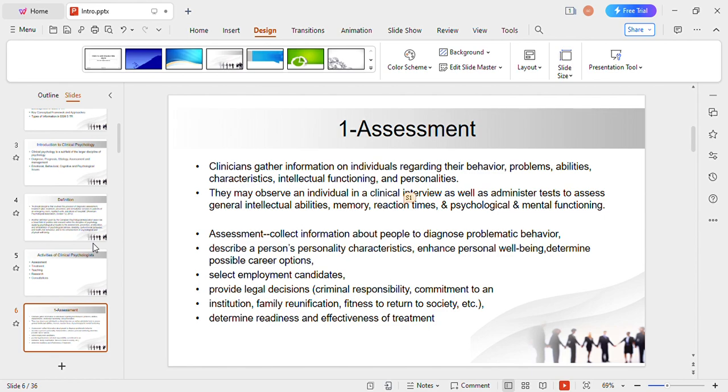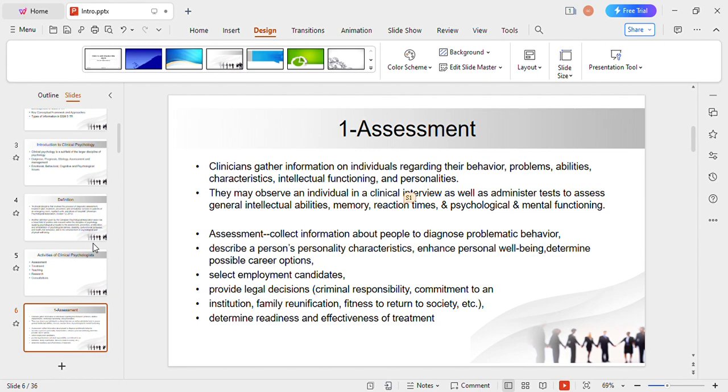If he can cope with the stressor, if he has the ability to reduce his or her stress, it can also be helpful to identify a better management plan. And furthermore, the characteristics, intellectual functioning, and personality traits can also help them understand how a person can work collaboratively to reduce their symptom severity.